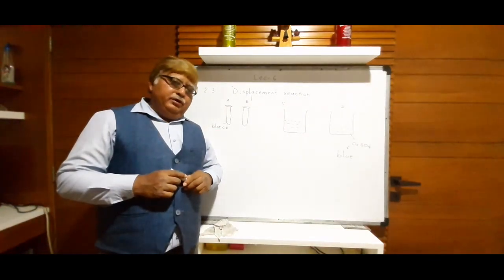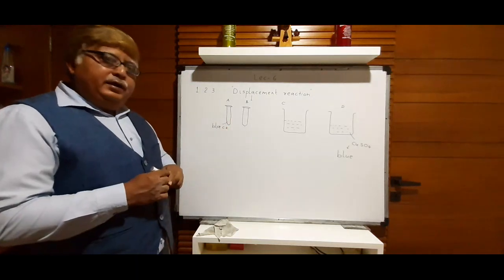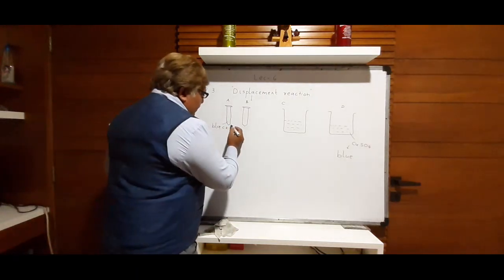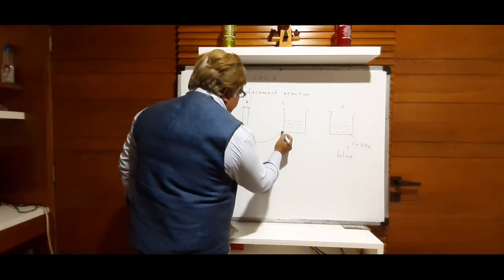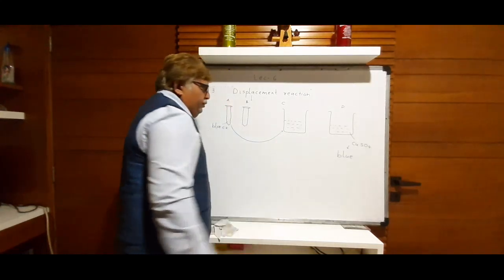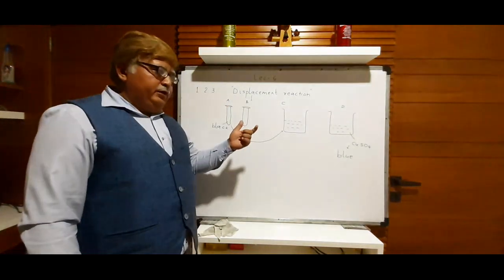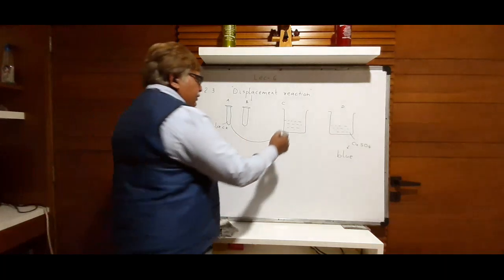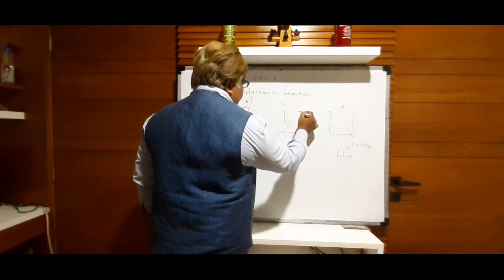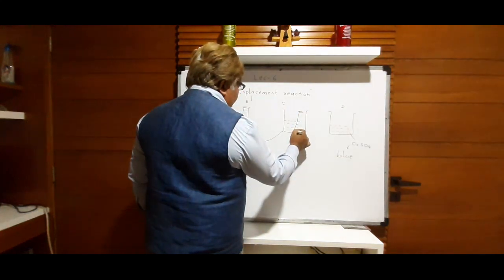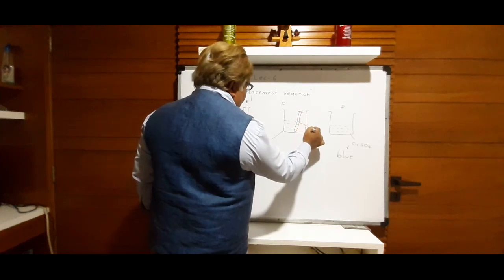Now what we are doing in this activity, I am taking one iron nail A, and this iron nail I am going to immerse here in test tube or beaker C consisting of copper sulfate. This iron nail is immersed here. Understood?